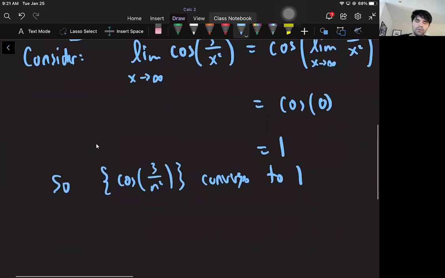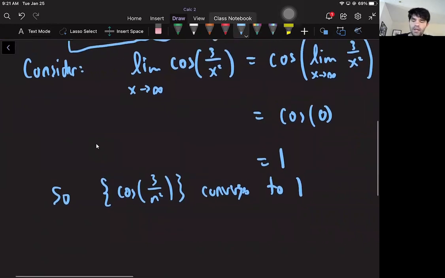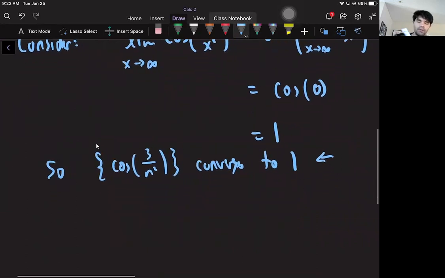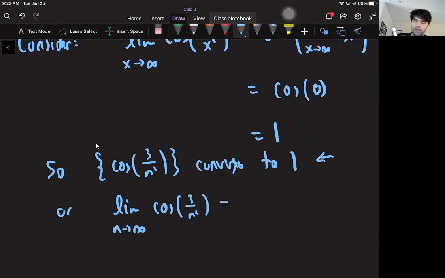Not really anything new. We're just sort of at the end saying something else than what we would have said before. So you could say that, or you could say this limit as n goes to infinity. And this means the same thing. They both mean that the sequence converges to 1.